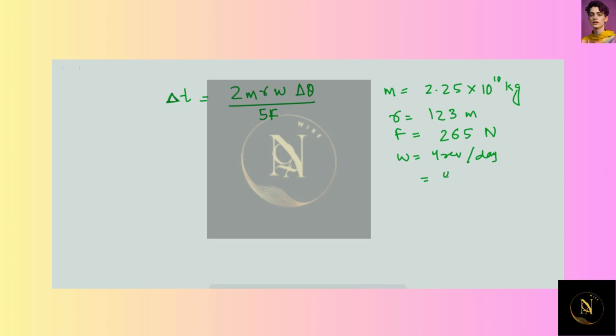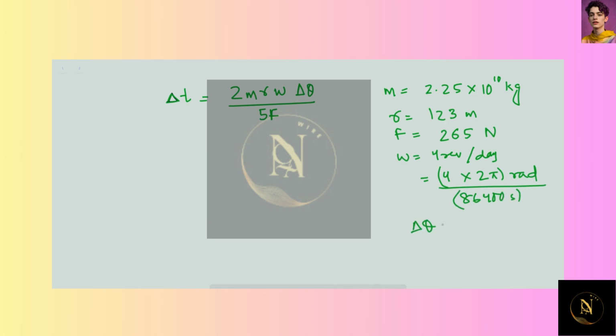So we have 1 revolution to be equal to 2 pi radians. So this is the numerator in radians, and in one day we have 86,400 seconds.